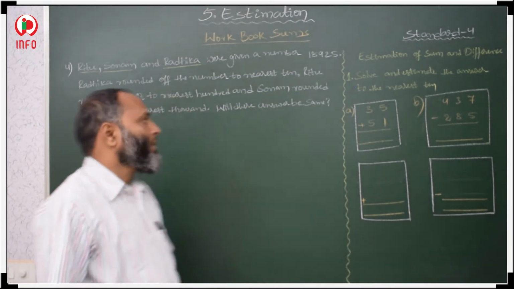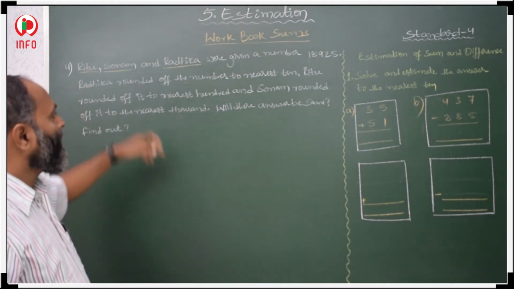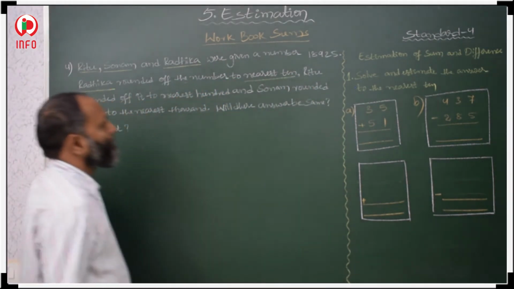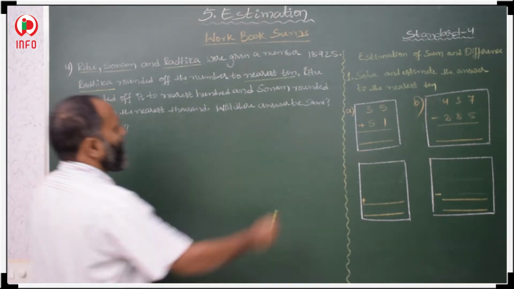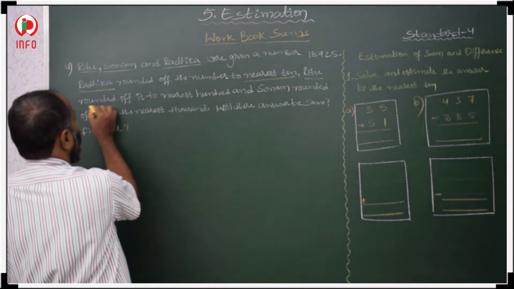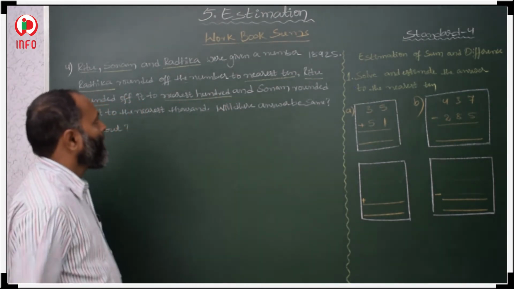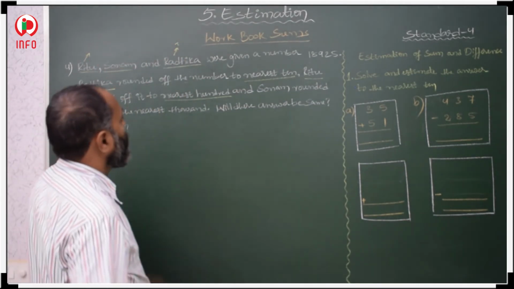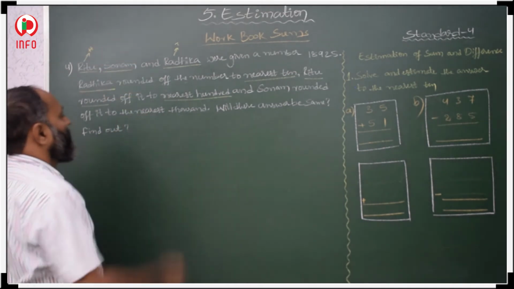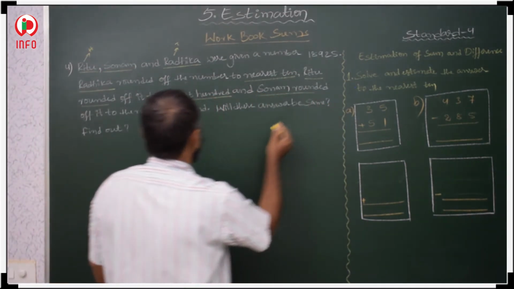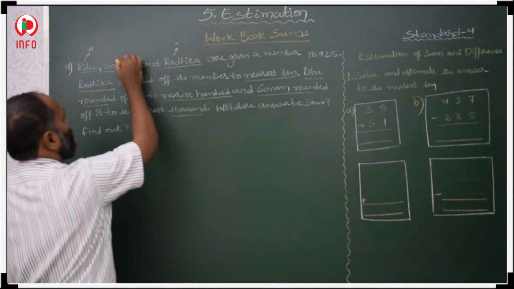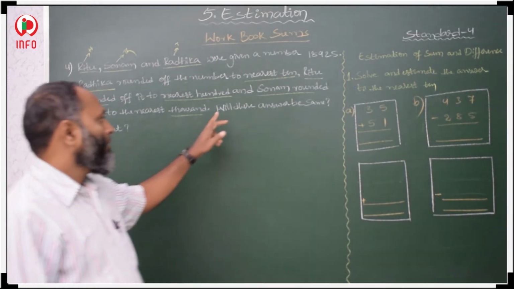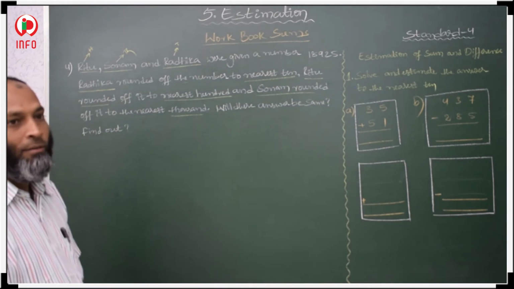What they did: Radhika rounded to the nearest 10, Ritu rounded to the nearest 100, and Sonam rounded to the nearest thousands. So they did like that. Then will these answers be the same? We have to find out.